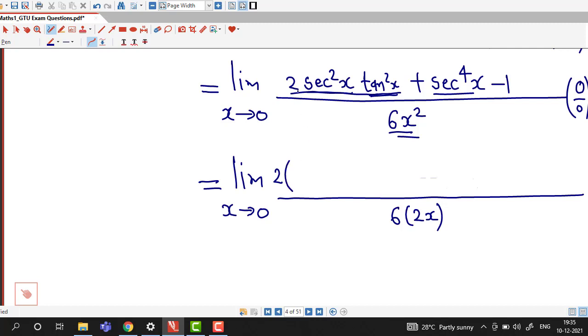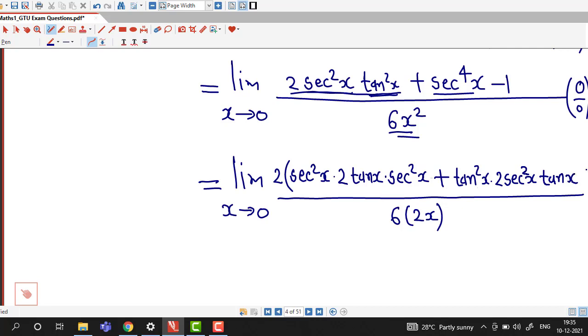So we keep these 2 as constant, square of sec x as it is, derivative of tan square x is 2 tan x into derivative of tan x, which is sec square x, plus tan square x as it is. Derivative of sec square x is 2 sec x into sec into tan, that is 2 sec square x into tan x. And I write here because I am not having space here.